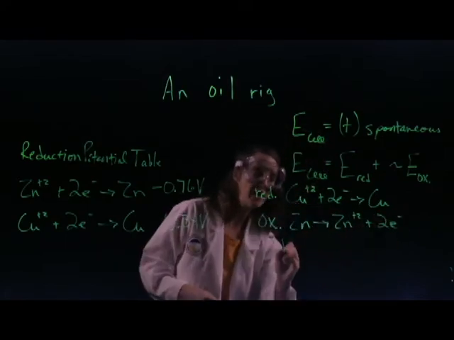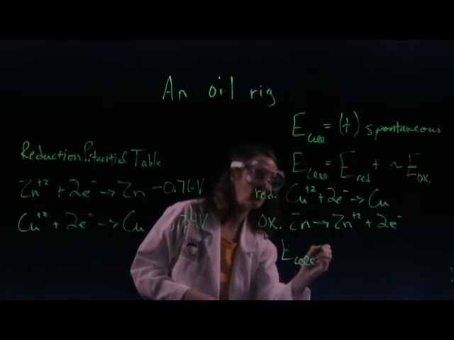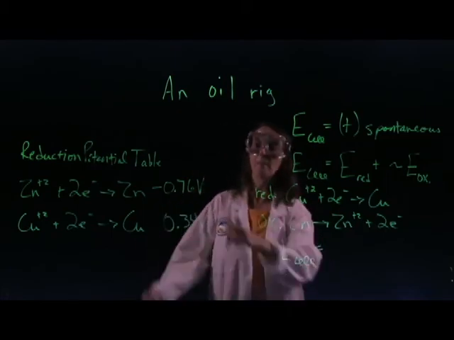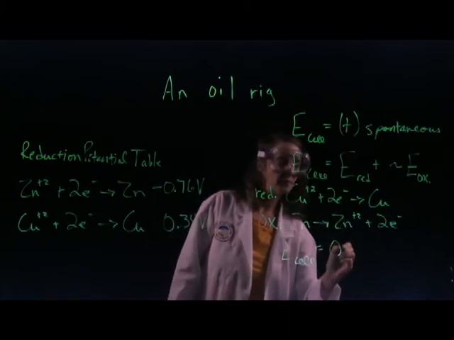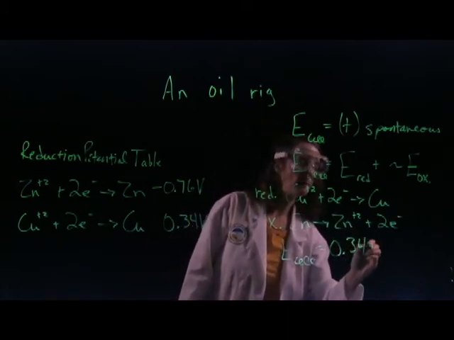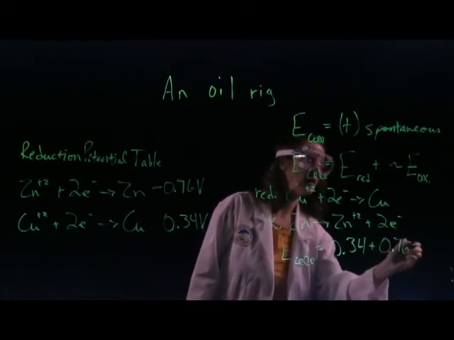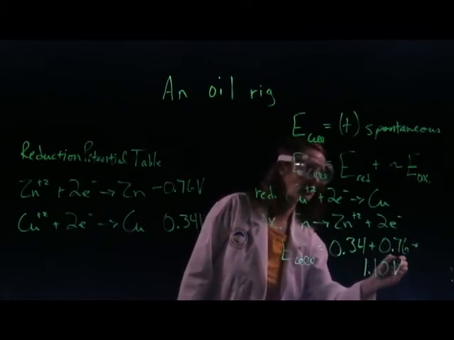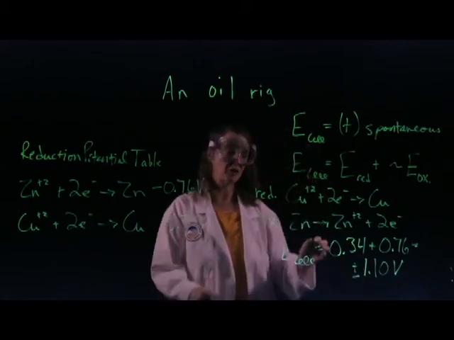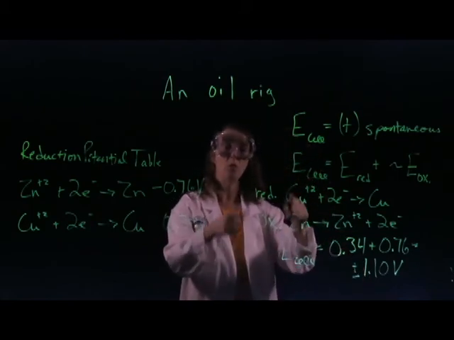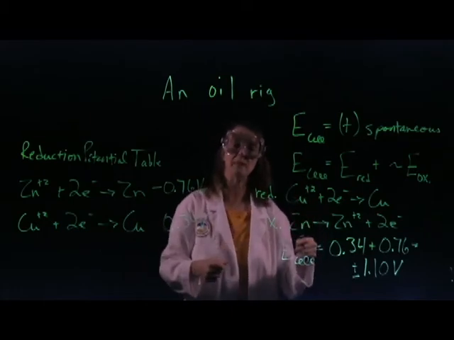And so when we calculate the theoretical value for E cell based on these numbers in the table, we come up with 0.34 plus 0.76 equal to 1.1 volts. That's a positive number. That's the spontaneous direction. And that's how we know which metal's being oxidized and which one's being reduced.